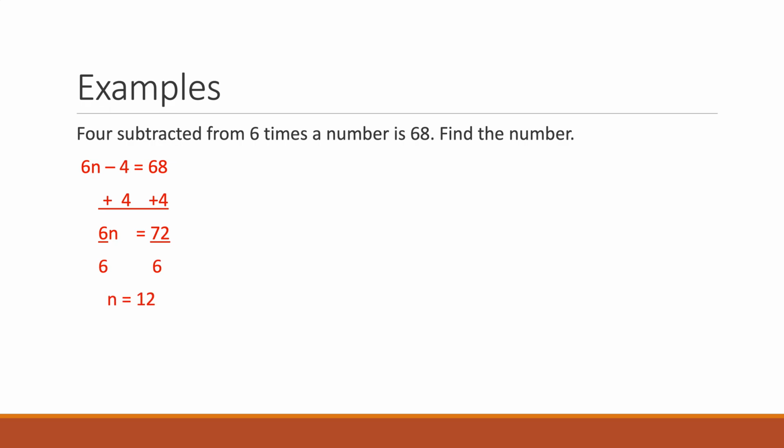And this is so important. If you remember on the very first day that we started doing equations, we said to you guys, you don't want to say to yourself, 4 subtracted from 6 times the number is 68, what number could that be? Oh, let me think. We said, no, we want to develop a strategy. And the strategy is to get letters on one side, numbers on the other, and to do the inverse operations of whatever's going on.